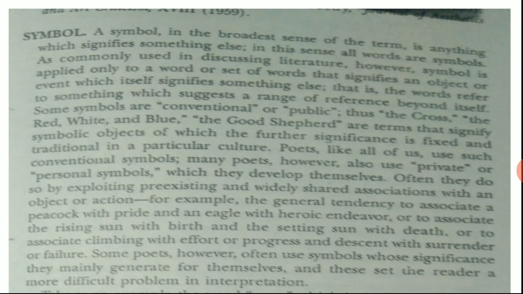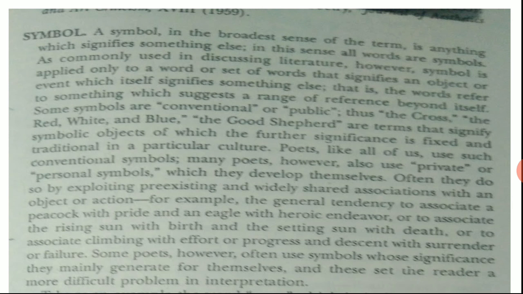We can understand this easily if we take some examples. As I have mentioned, light or lamp is a symbol of knowledge. So light itself or lamp itself is an object, but it indicates something else, that is knowledge.